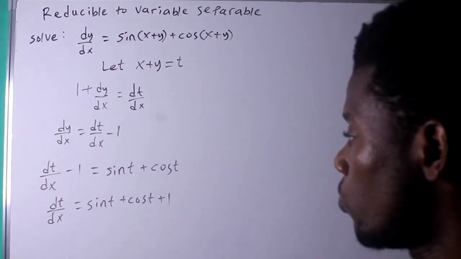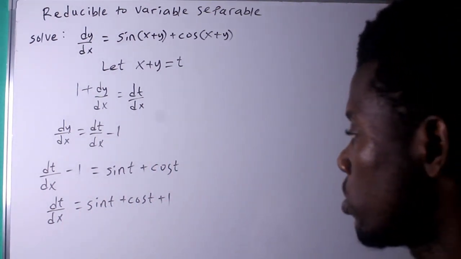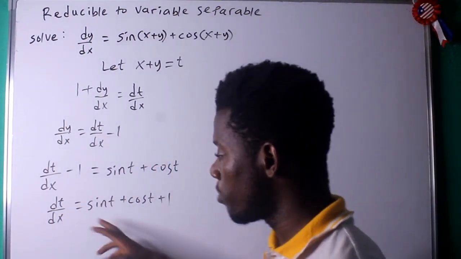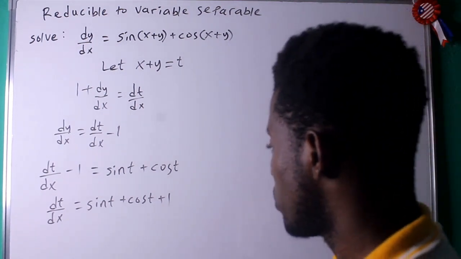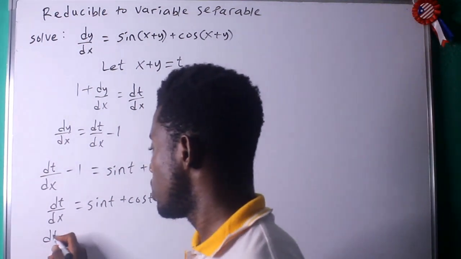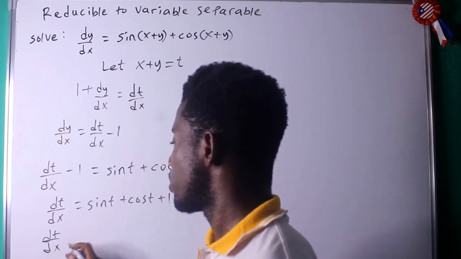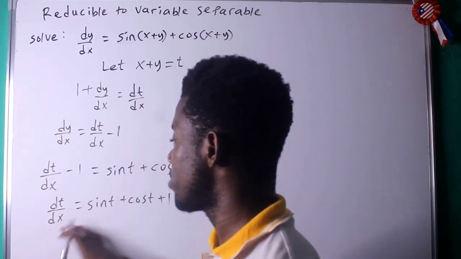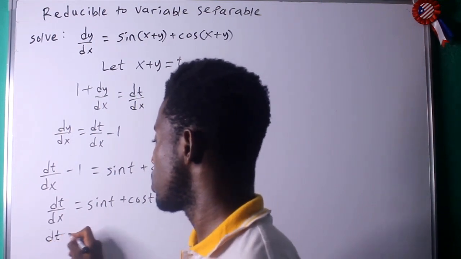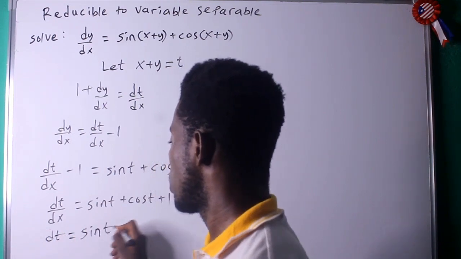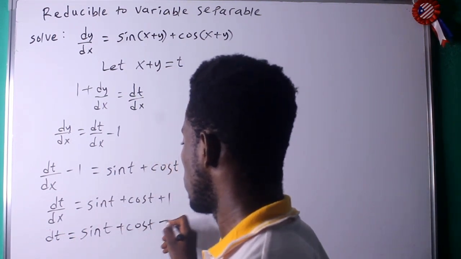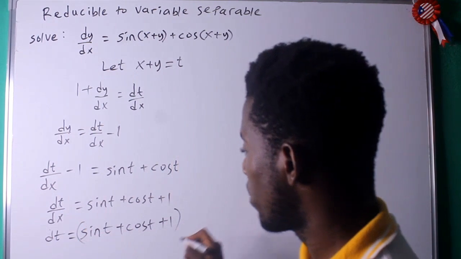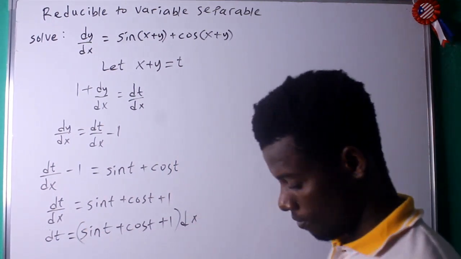And once we do that, we can separate the variables. So we consider this entire expression to be a function of t, and then we separate. We have dt by dx. In fact, we just multiply by dx on this side. We have dt is equal to sine of t plus cos of t plus 1, all multiplied by dx.